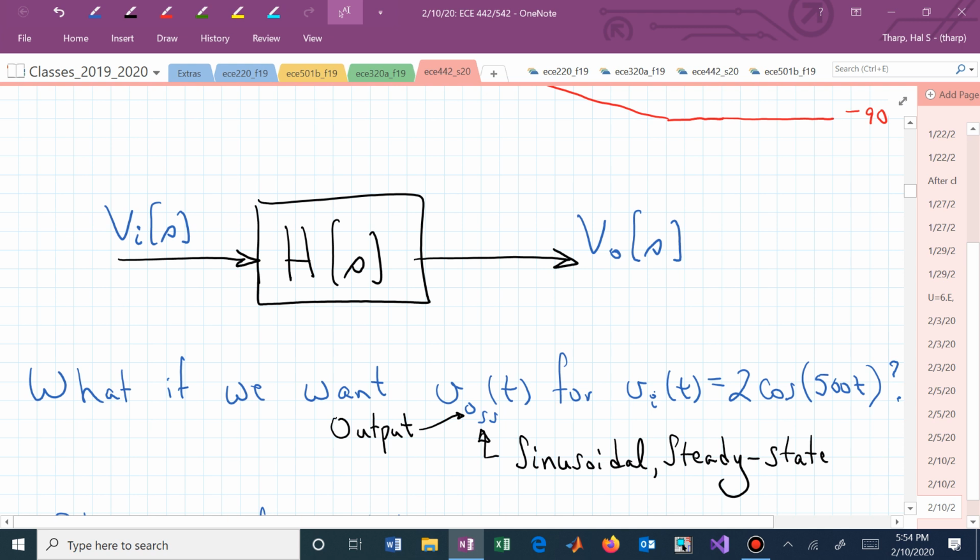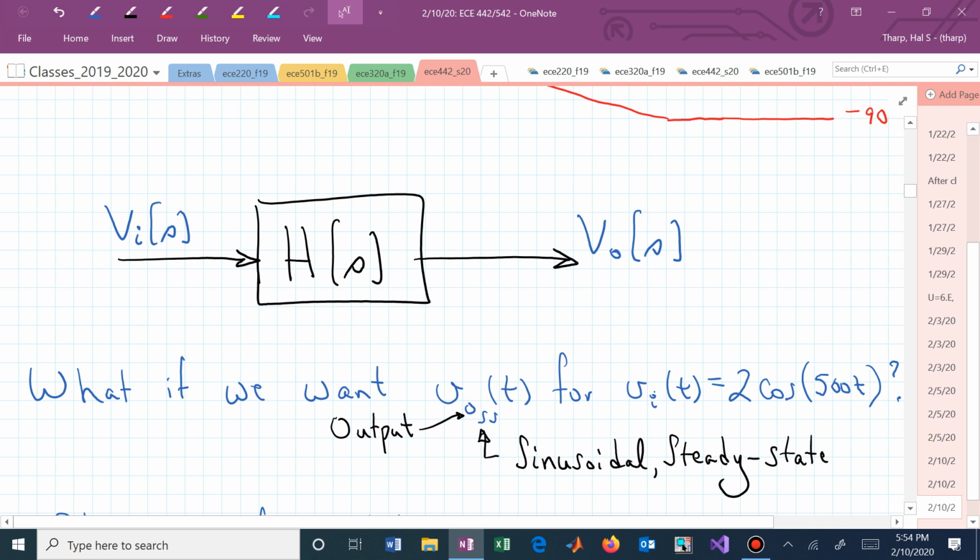It's not quite 100 hertz, is it? 100 hertz was a little bit more than 600, 628. So we're not shaking it quite at 100 hertz, but that's pretty fast in terms of something physical. And we're doing that shaking with an amplitude of 2. So we're going plus 2 minus 2 at a frequency of 500 radians per second.